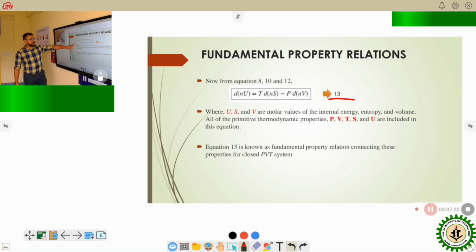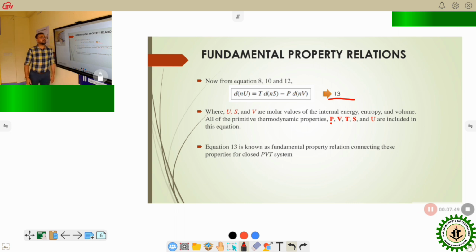Like this, it will be d(nU) equals T d(nS) minus P d(nV). Okay, where U, S and V are the molar values of the internal energy, entropy, and volume, and all other parameters or properties like P, V, T, S, U are included in a single equation.